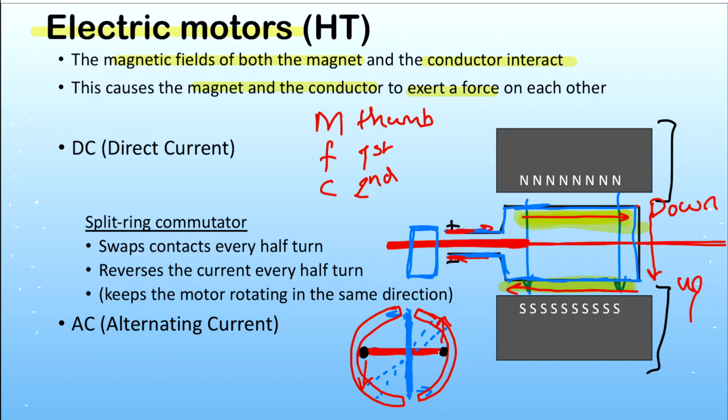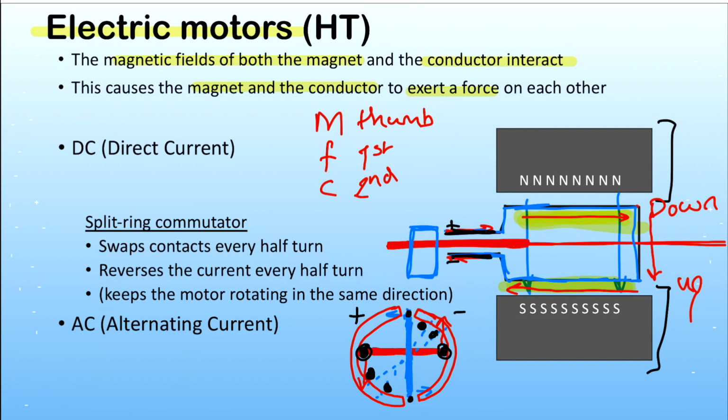You'd have one brush attached to the positive side and one brush attached to the negative side. As it rotates around, they're still attached, and it's still going to be attached to the negative until it reaches this point, absolutely vertical, where neither of the brushes from the spinning coil are attached to the commutator.